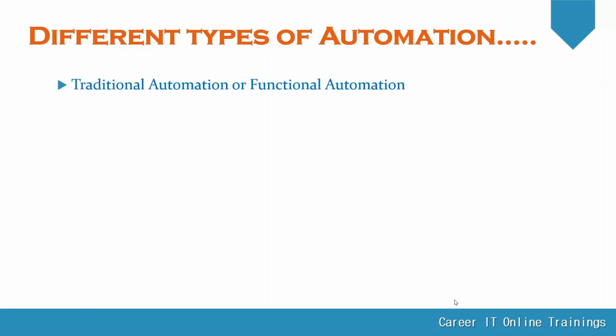Generally, in the market, you hear about different types of automation nowadays. A lot of automation is there in the market, and you may be confused about which type we are going to learn. Basically, two things are highly highlighted in the market nowadays: traditional or functional automation, and process automation.